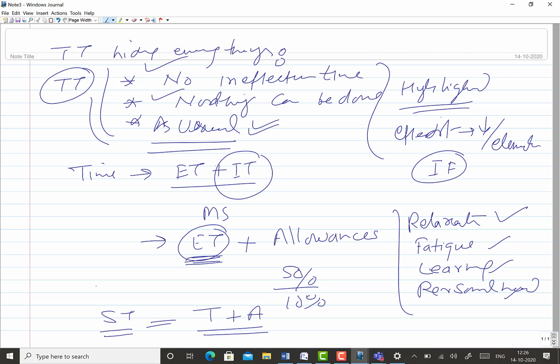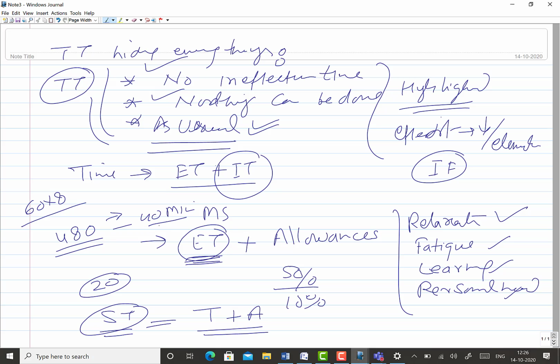Let's say an example, 20 minutes is the time which is coming out as a standard time, and out of 480 minutes, like 60 into 8 hours per day or per shift, this is the time. If 40 minutes is going for the authorized break, then remaining is 440. So 440 divided by the standard time will give us the output, the number of units that will be produced from this work. Say it is coming out 22.